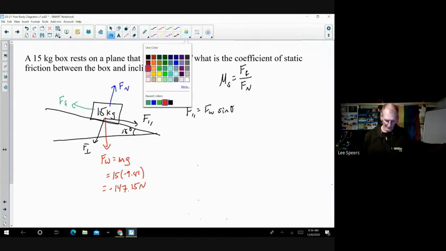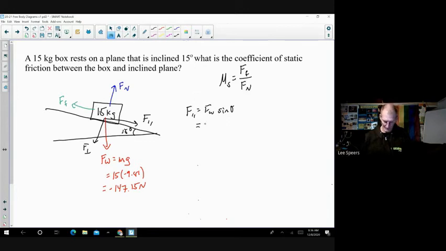So now I can figure out the parallel component by taking the negative 147.15 times the sine of 15 degrees. So 147.15 negative times the sine of 15 degrees. 147.15 sine 15.